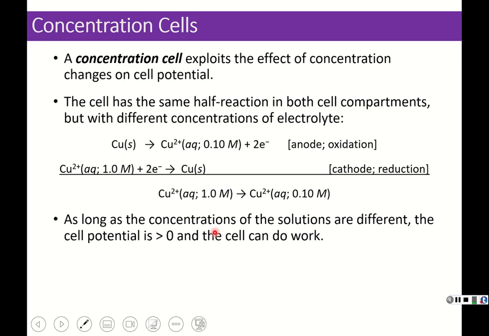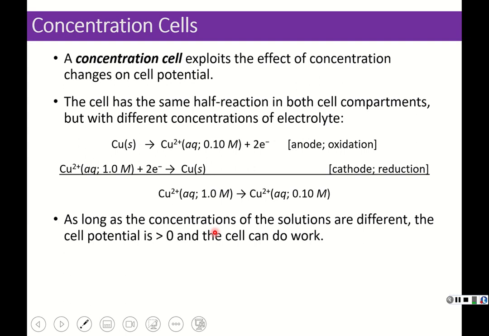There's something called a concentration cell, and these exploit the effect of concentration changes on cell potential. The cell has the same half reaction in both cell compartments, but with different concentrations of the electrolyte.